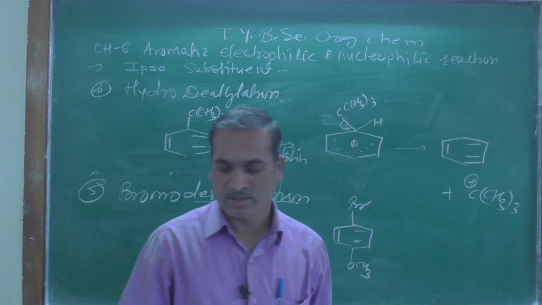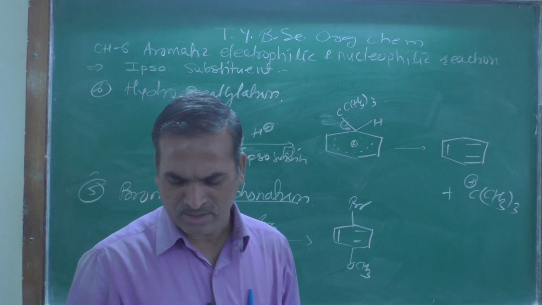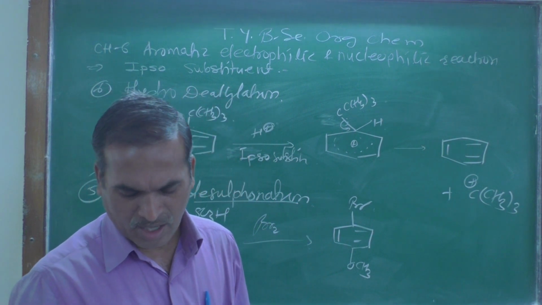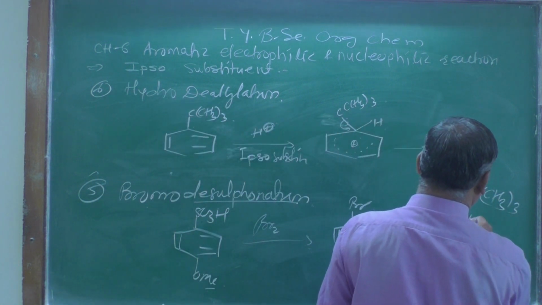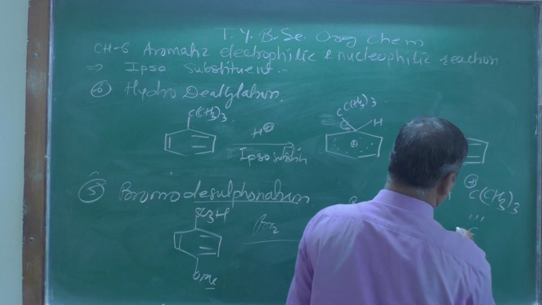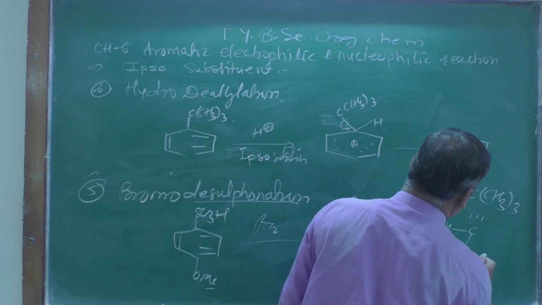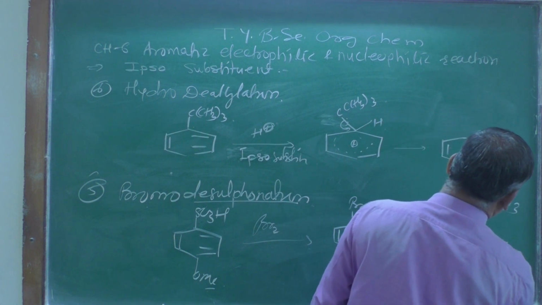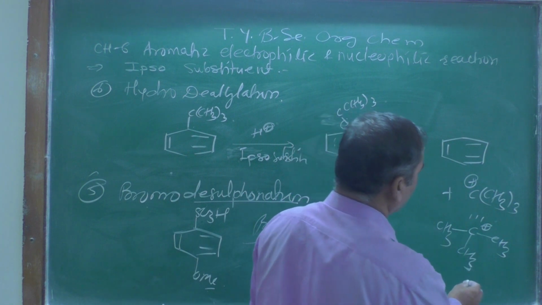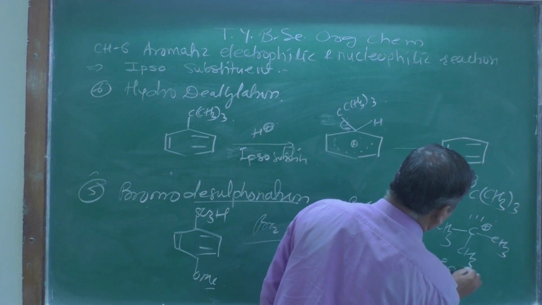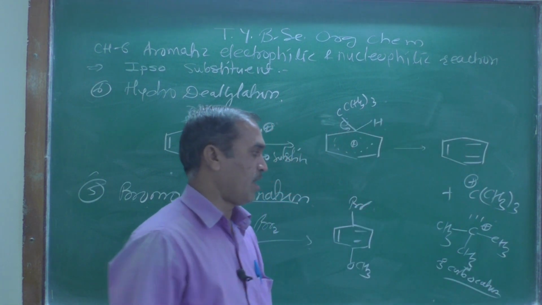As we know, what type of carbocation is it? It is a tertiary carbocation. You can write this compound for the sake of convenience with CH3 here, CH3 here, and another CH3 over there, and this is the positive charge, which means it is a tertiary carbocation, and therefore it is very, very stable.